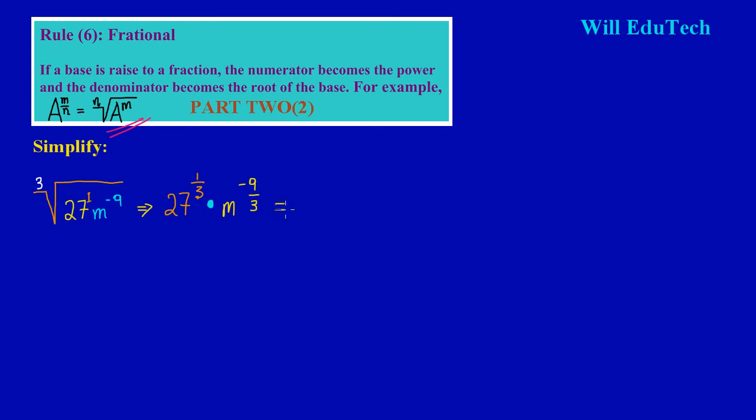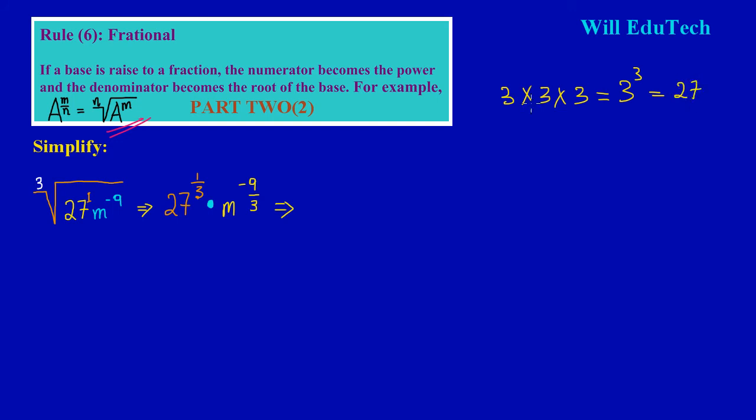Let's simplify this quickly. I am asking myself, can 27 be written in a lower base? We would have learned from earlier lessons that 3 times 3 times 3 is the same as 3 cubed. 3 to the 3 means 3 is multiplying itself 3 times, and this is the same as 3 times 3, that's 9, 9 times 3, that's 27.